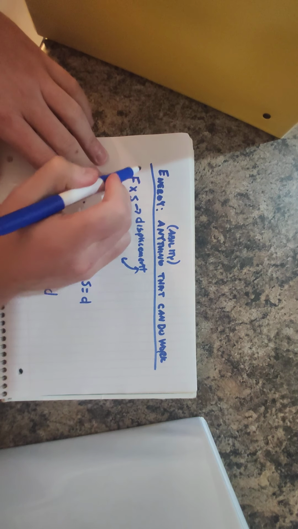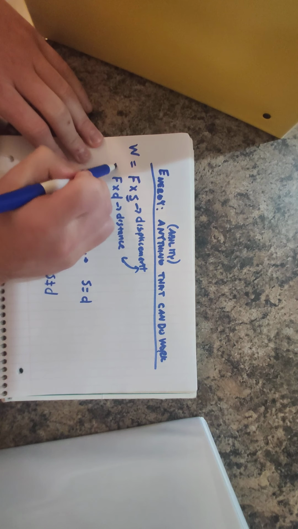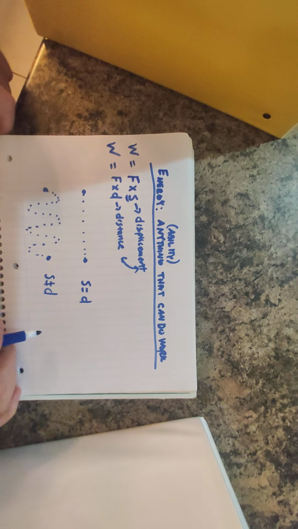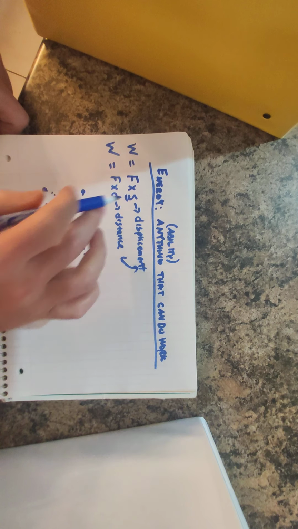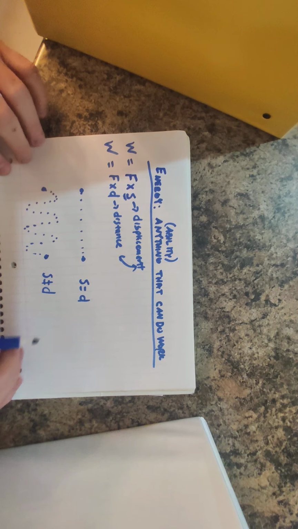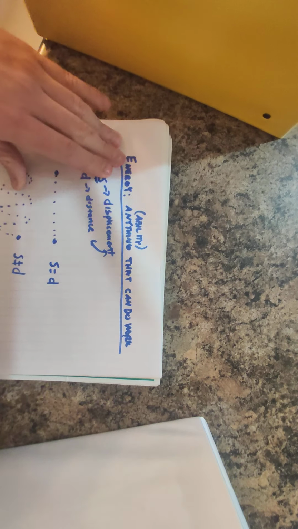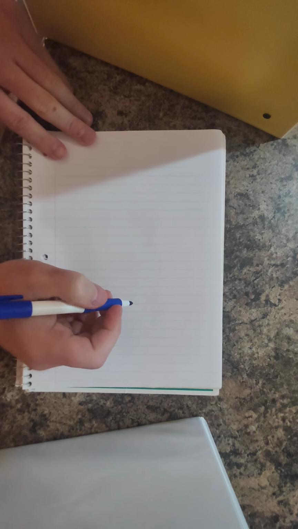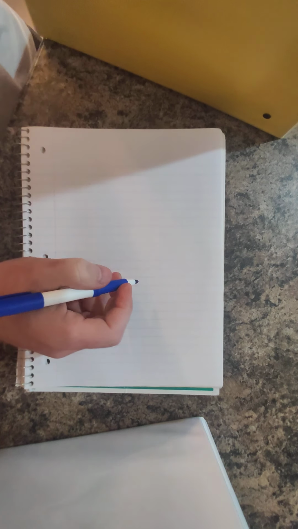Well, we know that this is equal to the work. I should write that for clarity. So work is force multiplied by a distance in a straight line, or displacement for a curve, or also for a straight line, because S is equal to D. So we need to note that anything that can push an object or apply a force to it and make it move has energy. Okay?